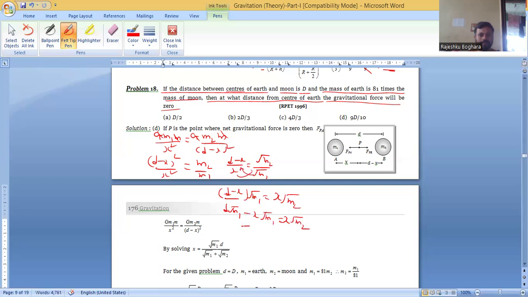So now root m1 plus root m2 into x, taking on the right side, is equal to root m1 into d. Now x is equal to root m1 d upon root m1 plus root m2.